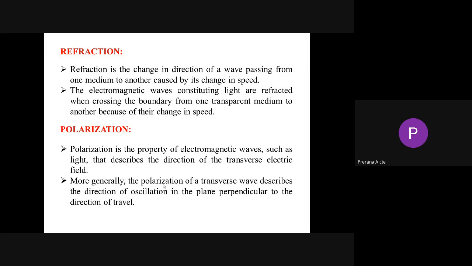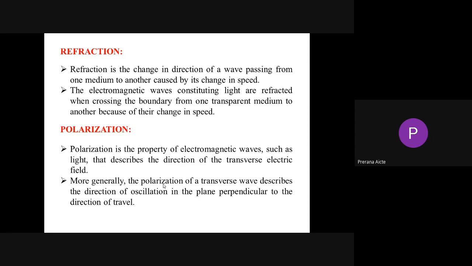This polarization describes the direction of oscillations in the plane perpendicular to the direction of travel. So, in which direction is the wave propagating? Based on this propagation of the wave, polarizations are divided into linear polarization, elliptical polarization, and circular polarization.